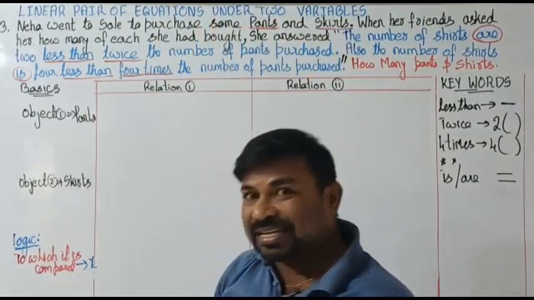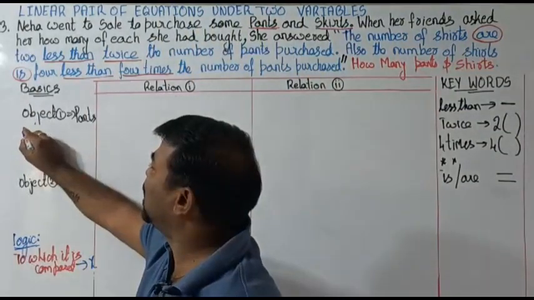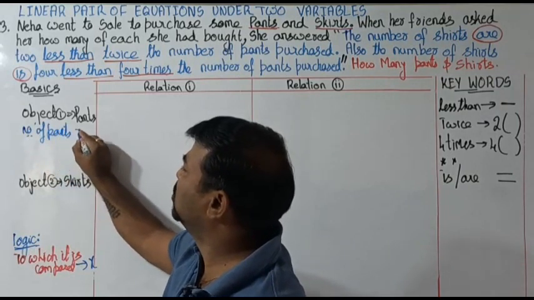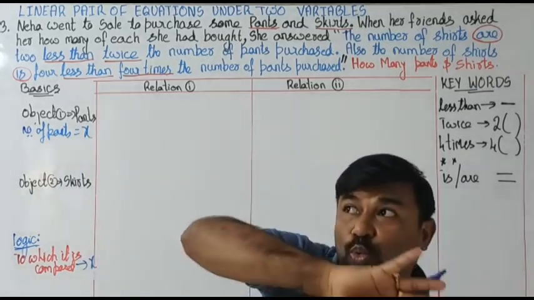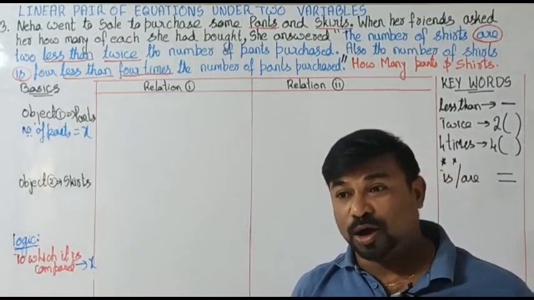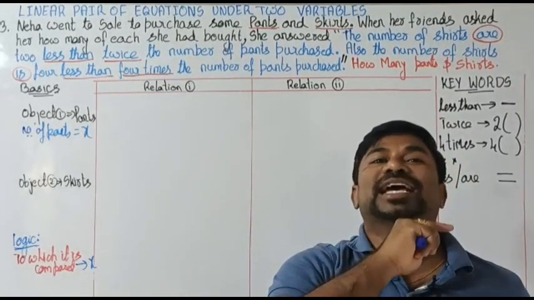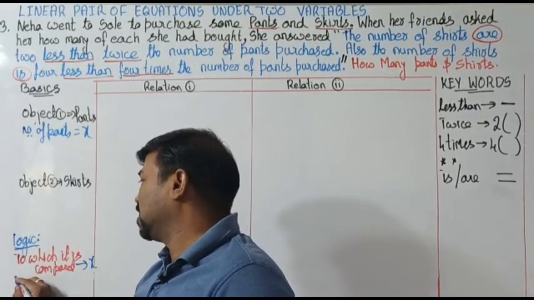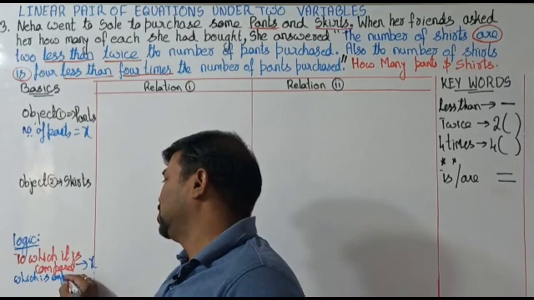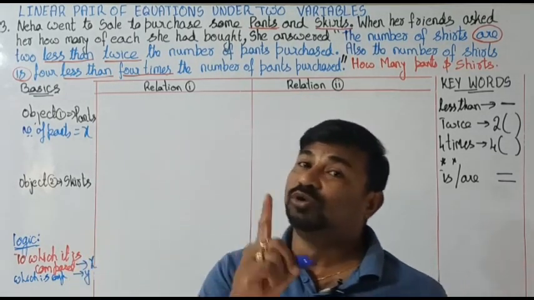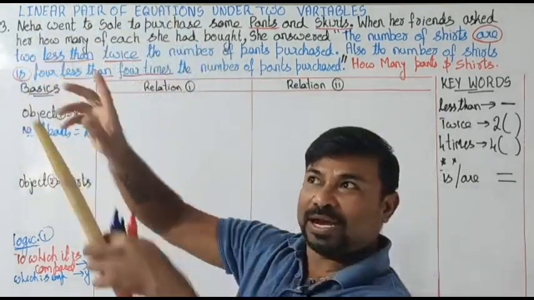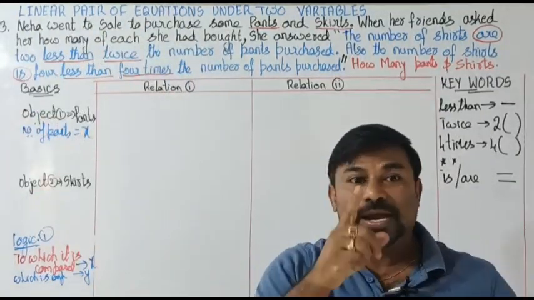Therefore, let's take the number of pants as X. Please remember that one. Now, which is compared, you take it as Y. This is my beautiful suggestion. This is the logic 1 I am talking about. To which it is compared, you take it as X, and which is compared, you take it as Y.